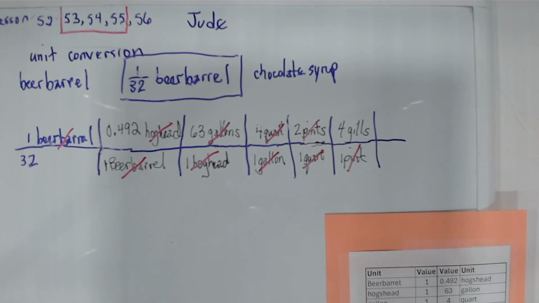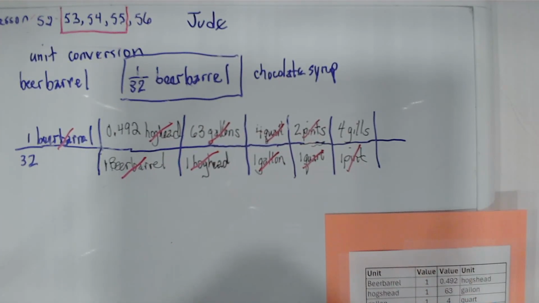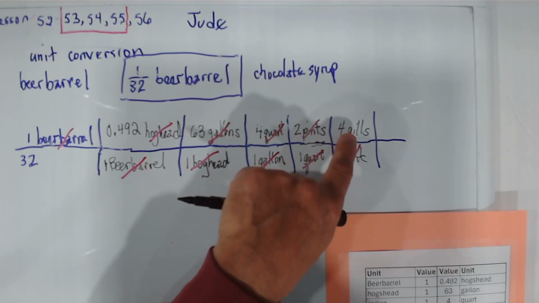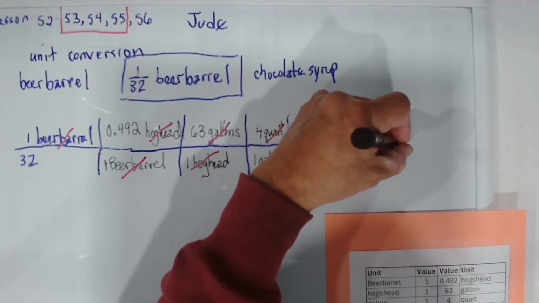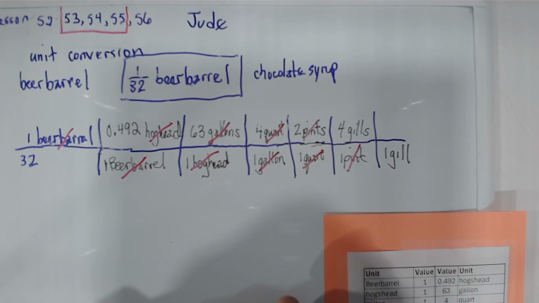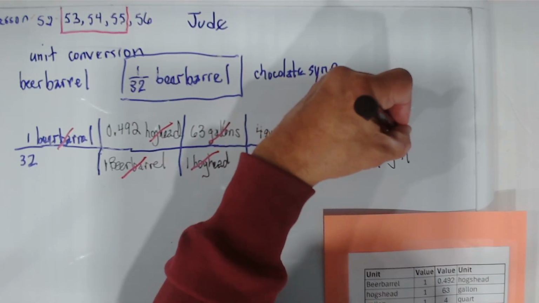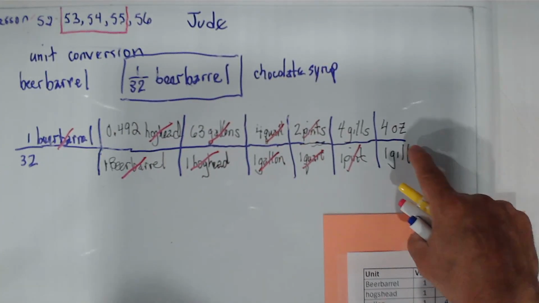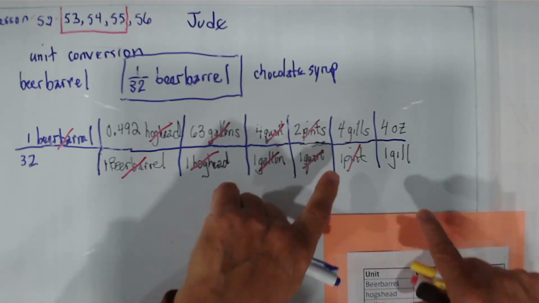Again, what do we want to do? We want to cancel out gills. We've got gills on top, so we've got to put gill on the bottom. 1 gill is 4 ounces. And you can abbreviate ounces with OZ. We'll do that, and let's see what happens.